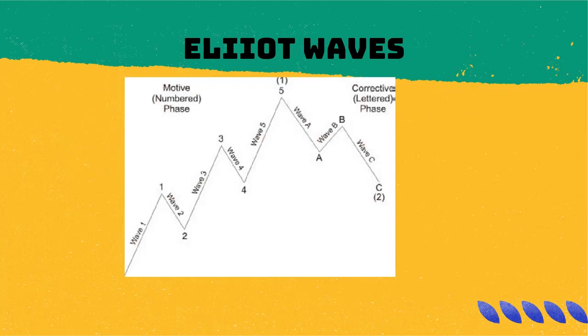In the figure, we can see 5 waves: wave 1, wave 2, wave 3, wave 4 and wave 5. These waves form the motive wave, and then there is a correction in the form of wave A, wave B and wave C. These are known as corrective waves.